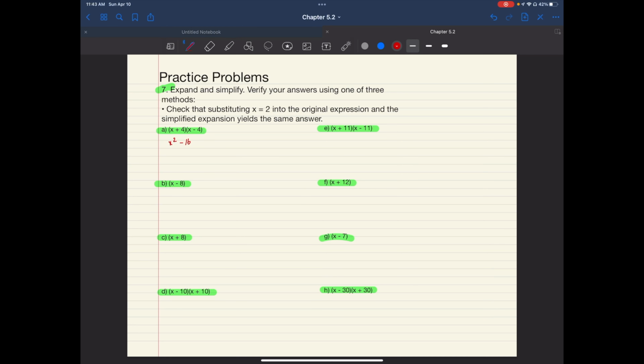So if we plug 2 into here, this is going to be 2 squared minus 16, 4 minus 16, negative 12. Now if we do it into the original expression, 2 plus 4 times 2 minus 4, it's going to equal 6 times negative 2, negative 12.